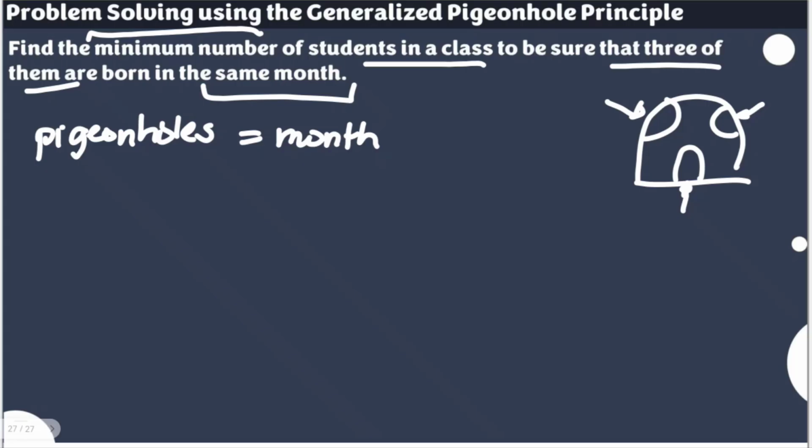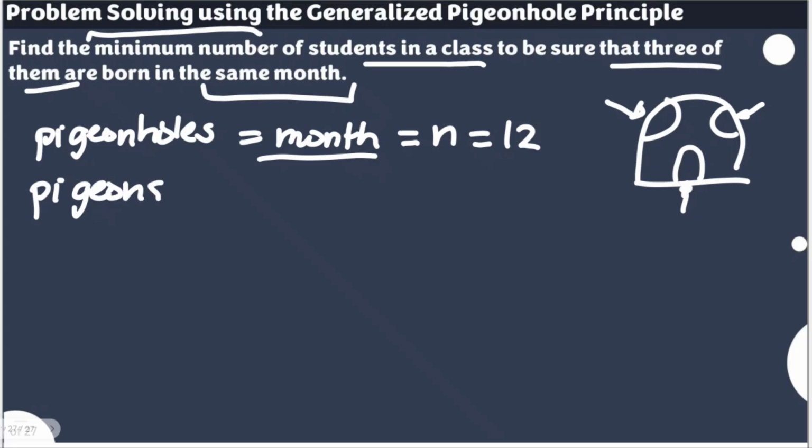So month would be the holes. Month would be the placements. That would mean our number of pigeonholes, represented by n, is equal to 12, because there are 12 months in a year. Now, what would be our pigeons here? The pigeons are the ones passing through, or the ones placed in the specific pigeonholes.